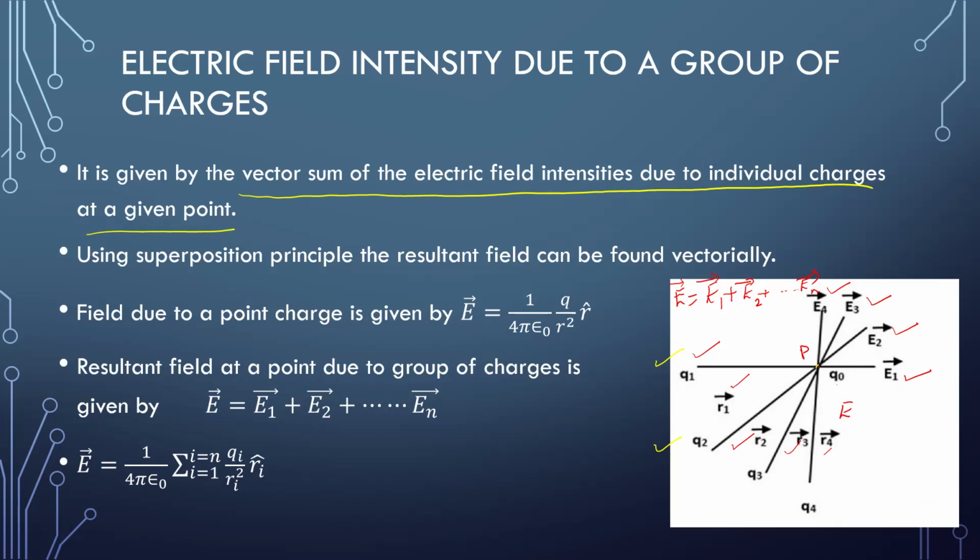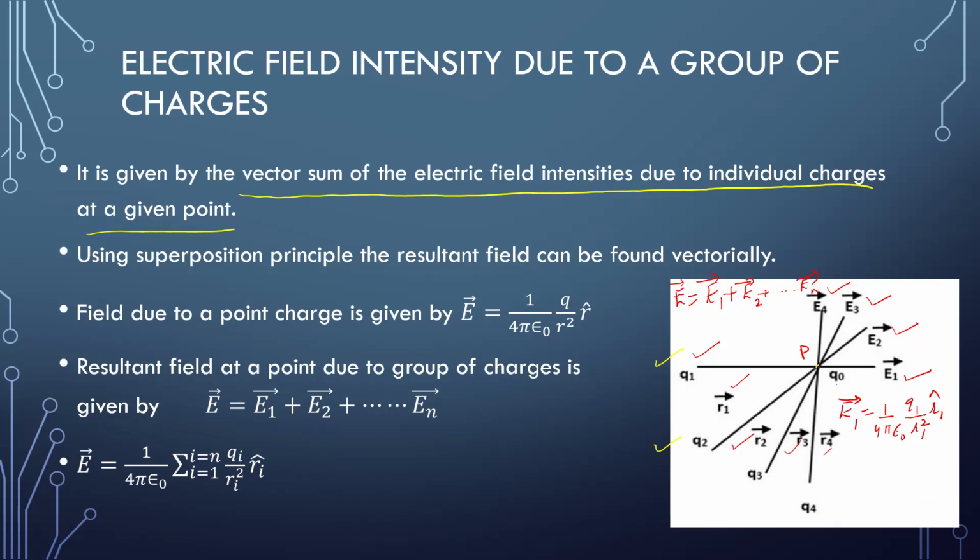Similarly we can write all these fields. So E1 will be equal to 1 upon 4 pi epsilon naught q1 upon r1 square into r1 cap, if I want to write it in vector form.